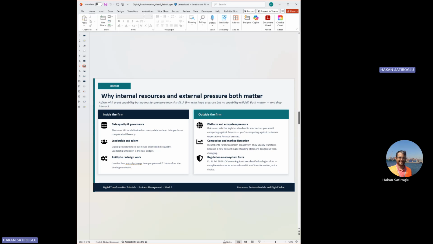Here I have included some internal factors like machine learning models, leadership talent, and the ability to redesign. On the outside, there are platform and ecosystem pressures, where I gave Amazon as an example, along with competitors, market disruption, and regulations as ecosystem forces.